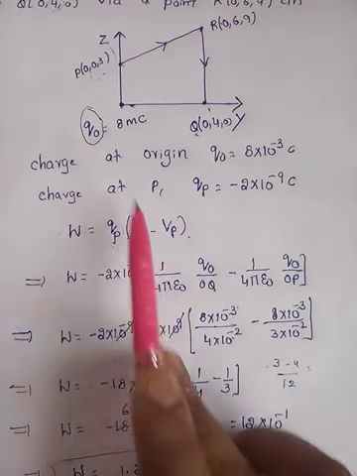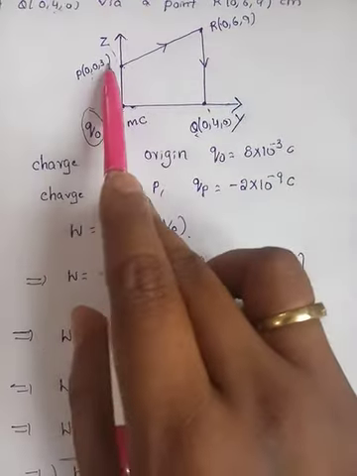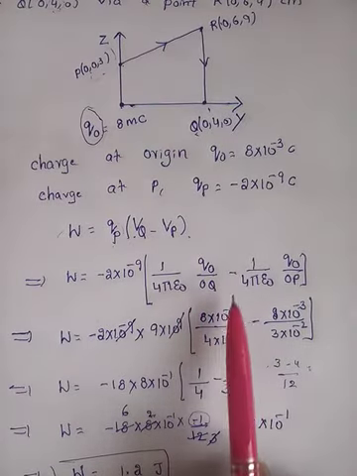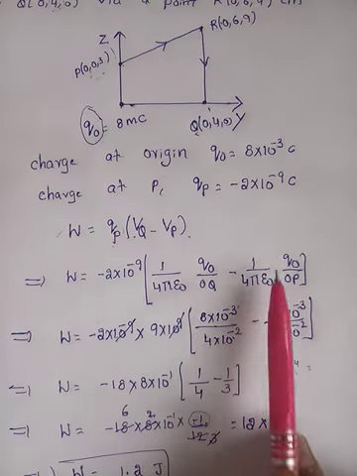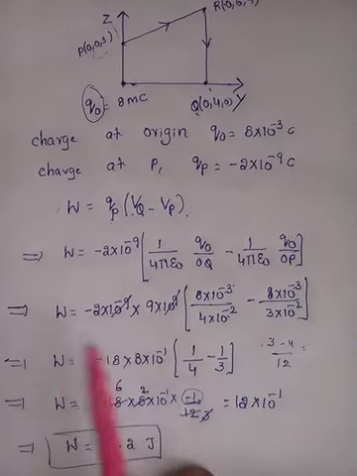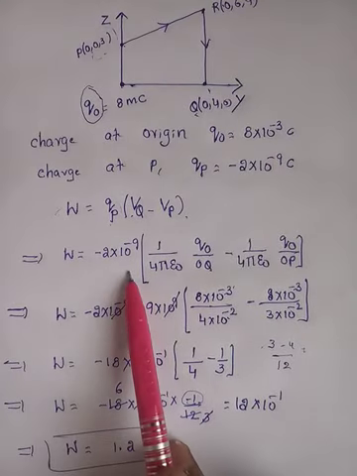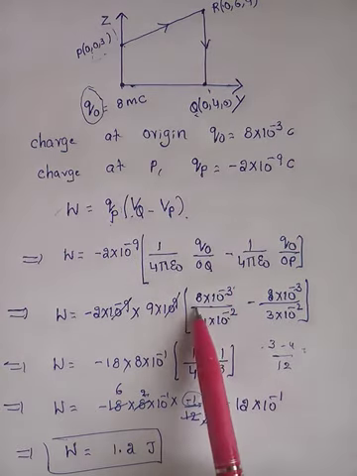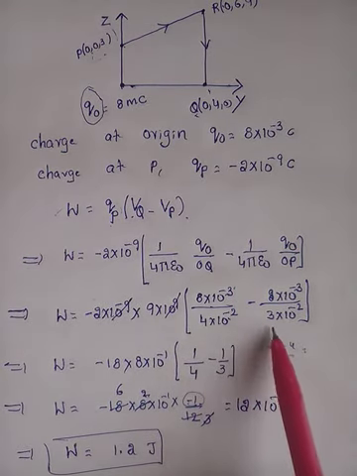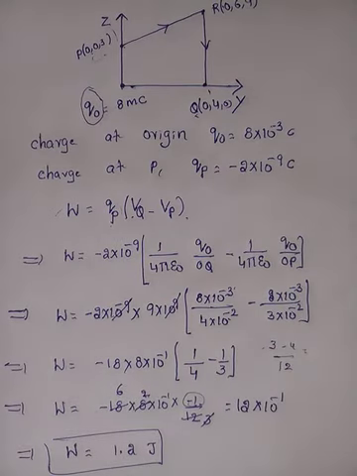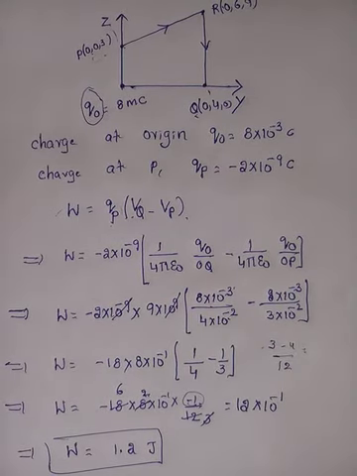The potential at Q and at P due to Q naught is 1 by 4 pi epsilon naught Q naught by OQ minus 1 by 4 pi epsilon naught Q naught by OP. Taking 9 into 10 raised to 9 outside, charge is 8 into 10 raised to minus 3 by 4 into 10 raised to minus 2. In the same way the distance changes. On calculation, the answer is 1.2 joules.